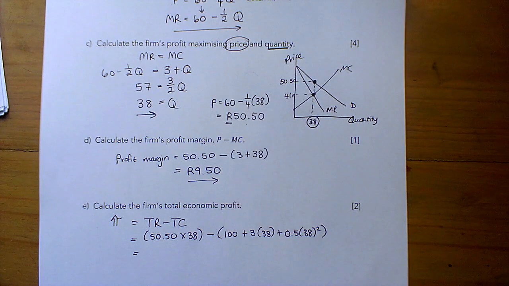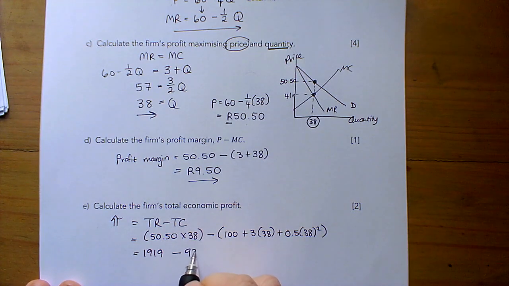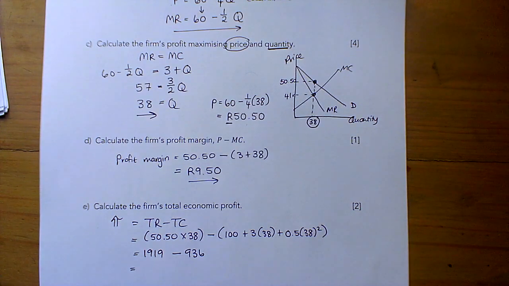And using my calculator to solve for this, I will have total revenue is 1919 and total cost is going to be 38 times 38 times 0.5 plus 3 times 38 plus 100, and that's 936. And so we end up getting a total profit of 983.